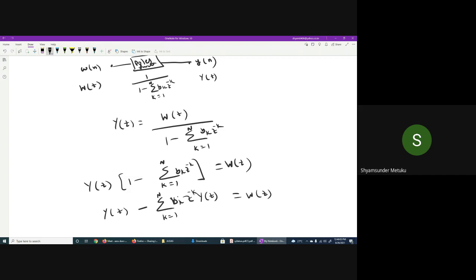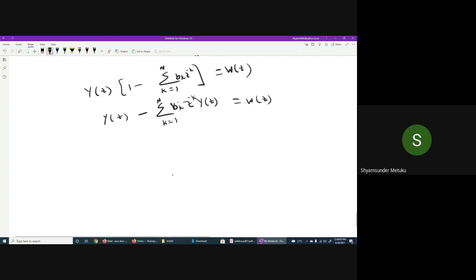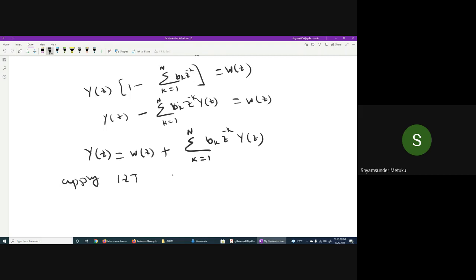Can we write this way? Okay, sir. Fine. I'm taking the summation term on the right side. Now I want the inverse Z transform. Apply IZT for the above equation.